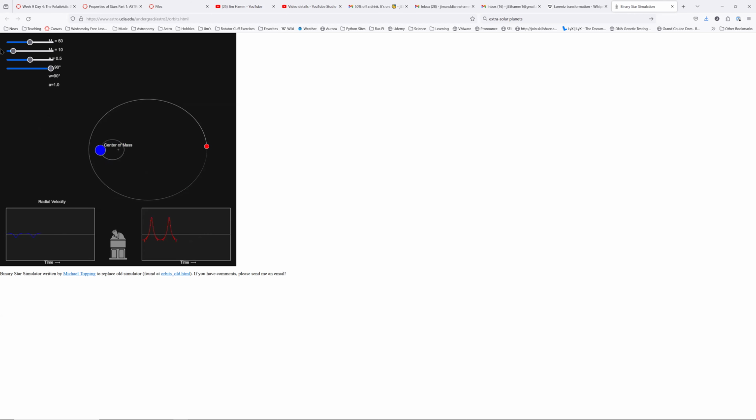But something that you can see is that they both still orbit the common center of mass. Now, it would be maybe not too common for a star to have 50 times the mass of its companion, but it could happen. The way that we learn about these things is by studying the Doppler shifted light that's coming from these two stars orbiting their common center of mass.